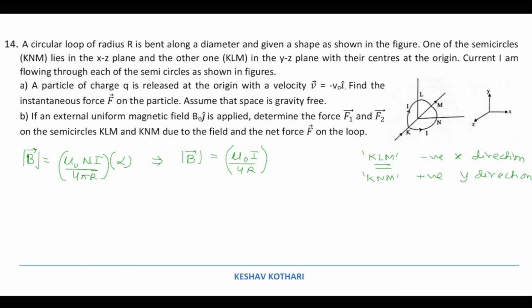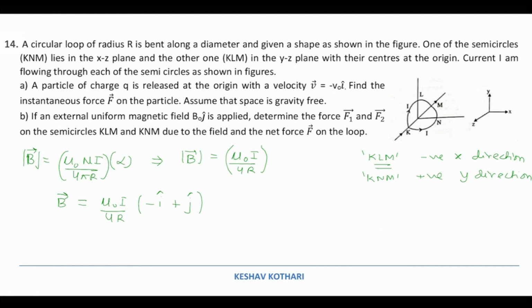If you place your thumb in the direction of current carrying wire, then your palm will give us the direction of magnetic field. Hence in vector form we can write B vector as mu naught I upon 4r times minus i cap plus j cap. So this is the value of magnetic field due to the two loops KLM and KNM respectively.